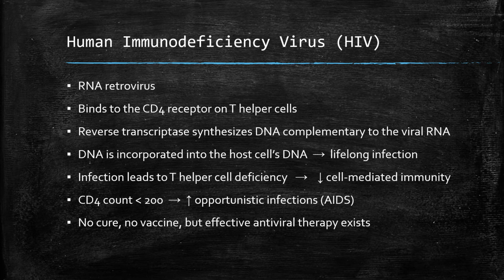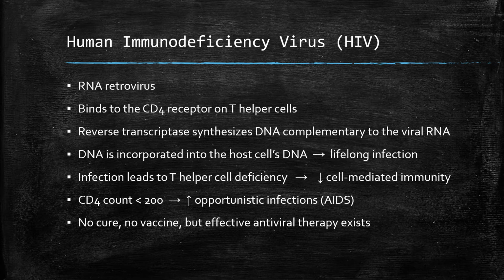Human immunodeficiency virus, or HIV, is an RNA retrovirus that binds to the CD4 receptor on T helper cells. Once inside the T helper cell, reverse transcriptase synthesizes DNA that's complementary to the viral RNA. This DNA then gets incorporated into the host cell's DNA, which leads to a lifelong infection.